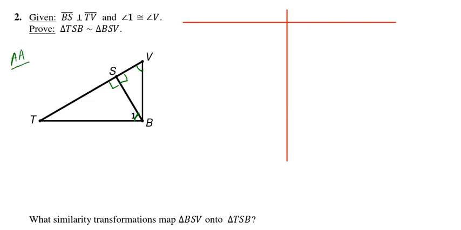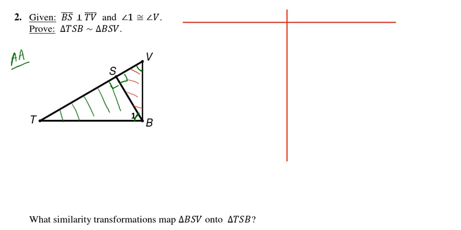Do we have that? We're trying to prove that this triangle TSB is similar to this triangle, which is in red, BSB. So are they similar?